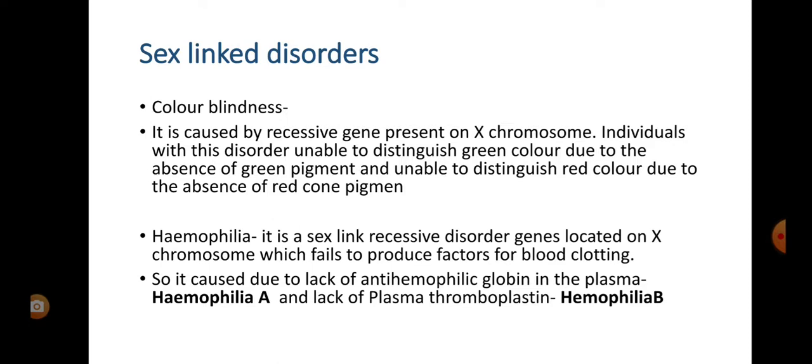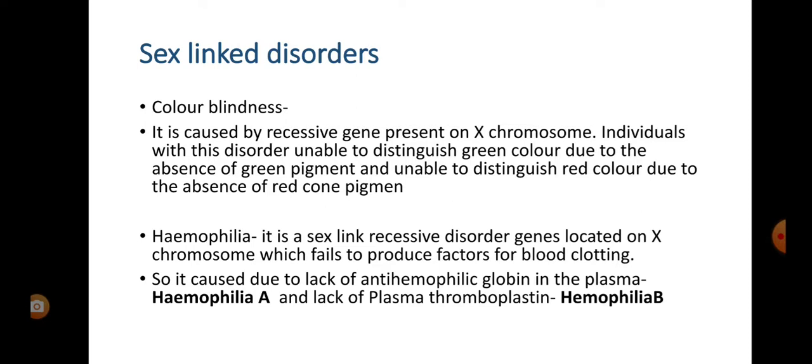Hemophilia is also a sex-linked disorder, and the recessive gene is also present on the X chromosome. This gene fails to produce some important factors that are responsible for blood clotting.